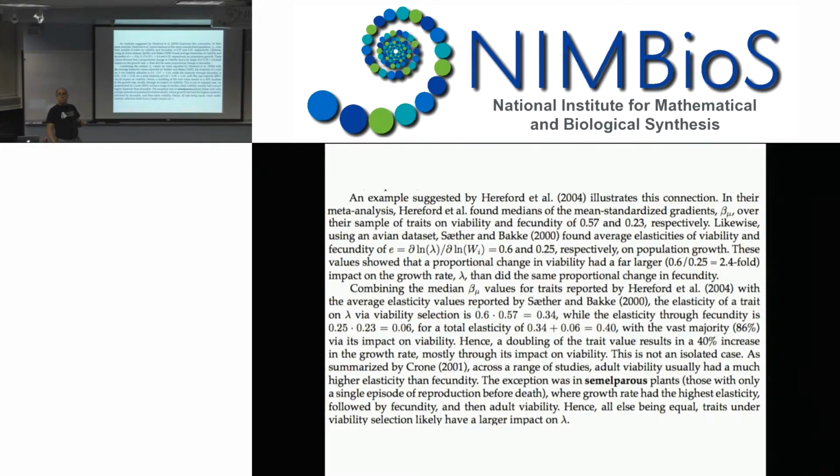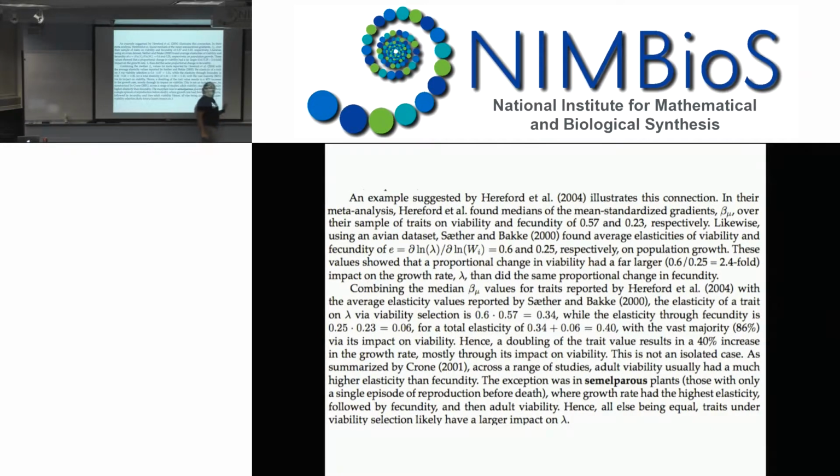And these elasticities allow you to basically decompose for your particular trait what the impact on overall fitness is, if that impact is more on fecundity or viability. A nice data set summarized by Krohn across a variety of studies showed adult viability usually had a higher elasticity on fitness than fecundity.